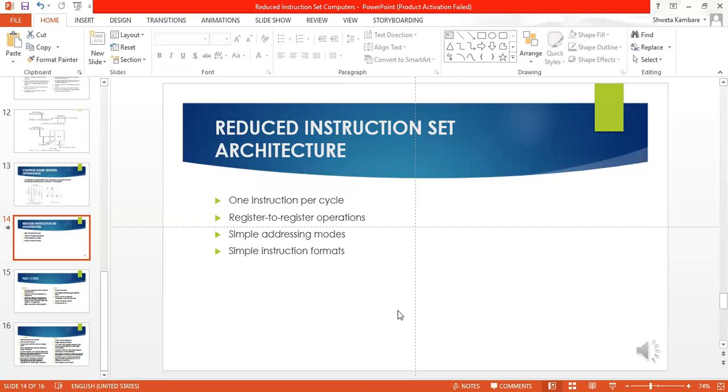And as you can see, per cycle there will be only one instruction. That means these instructions will be simpler. As the instructions are simple, the length of the program will increase, and it's a little bit opposite of your CISC architecture.